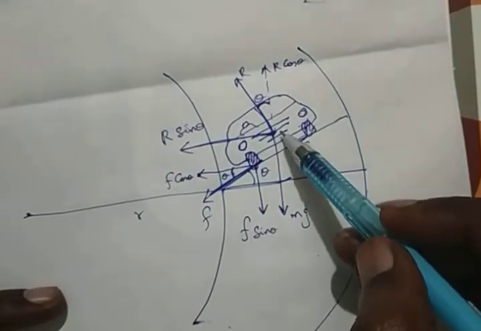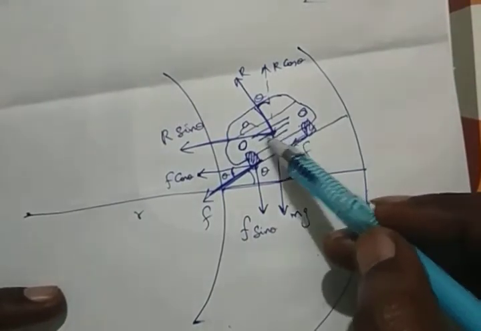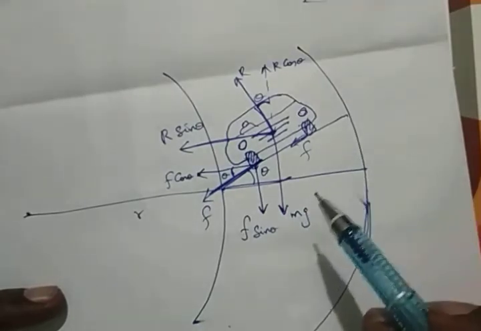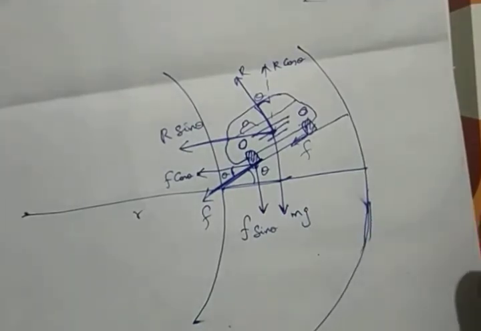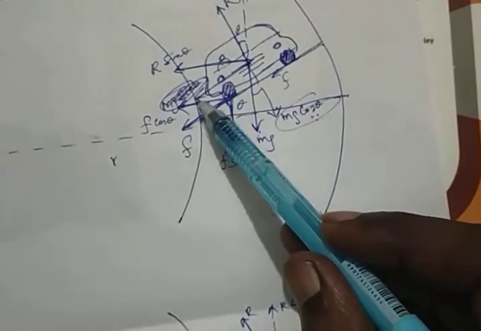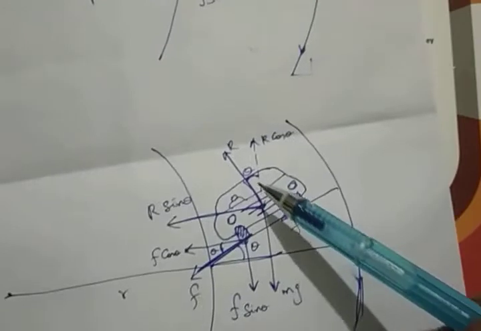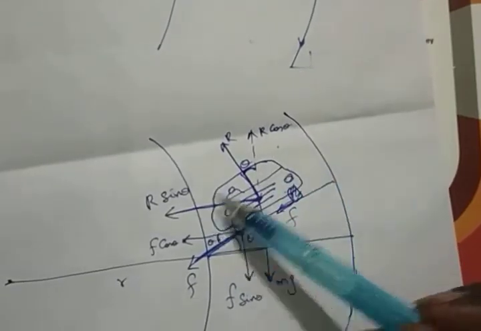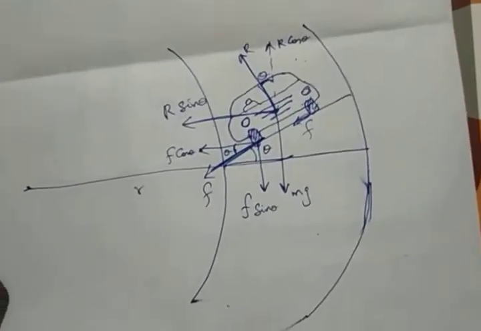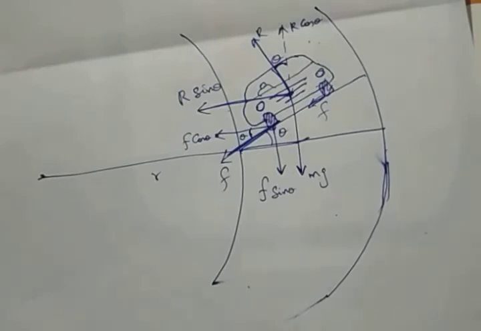We are not going to take mg cos theta and mg sin theta. You can take that also, but we are not considering it here. Please remember that. In that first picture I drew this one, it is not necessary. It is better to stick to the reaction components. Once this is done, the derivation becomes quite simple.